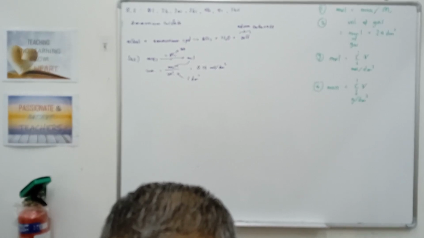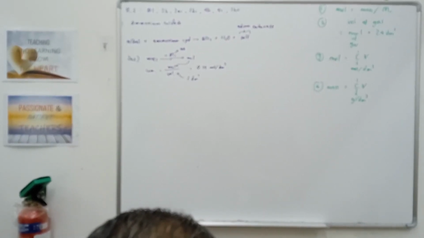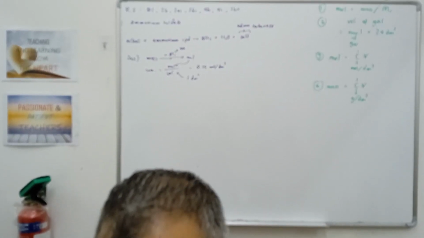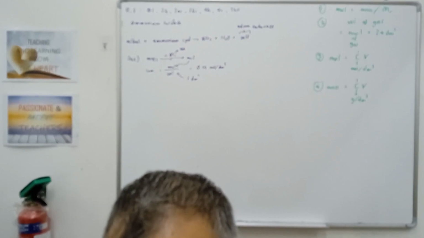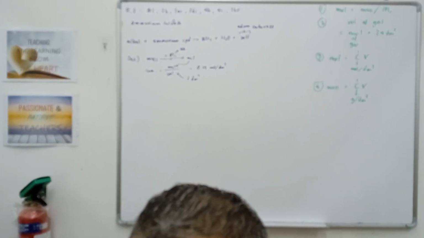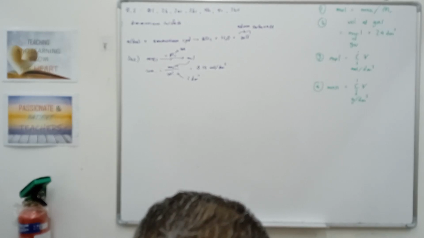Okay, 2B. Sodium carbonate and HCl. Oh, guys, you better get that right. Charlotte. 2B. What's your equation?